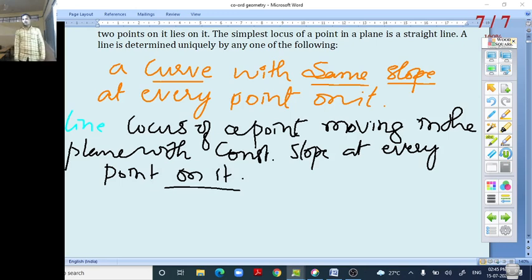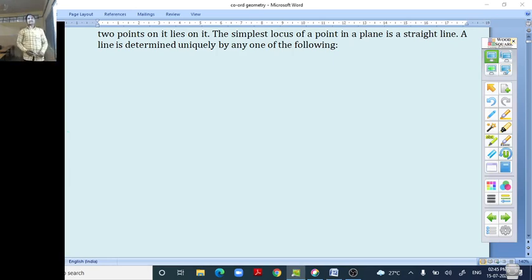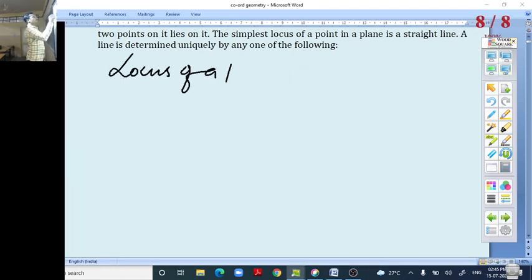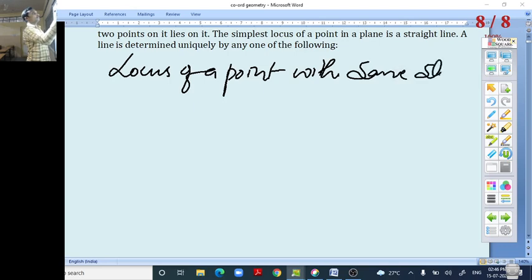Okay, note on this. Every point has the same slope, it has the same slope everywhere. So basically a straight line is a curve, a locus of the point with the same slope at every point.